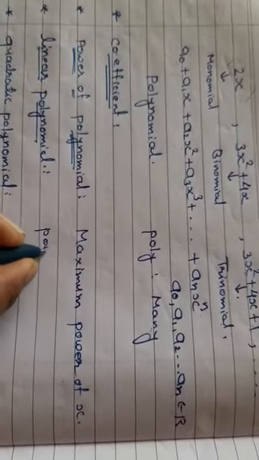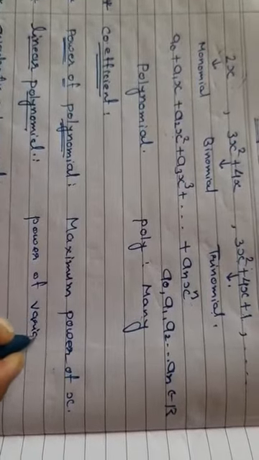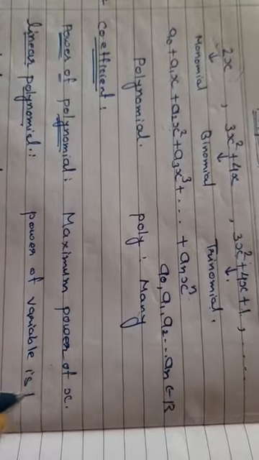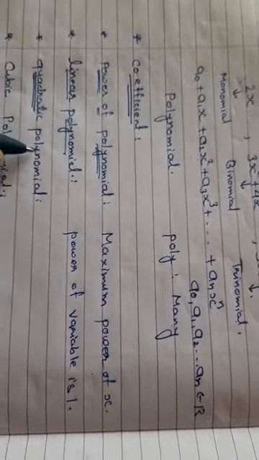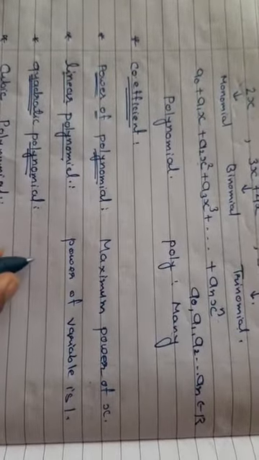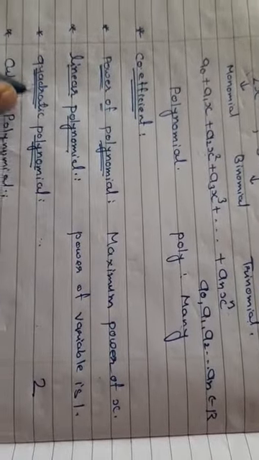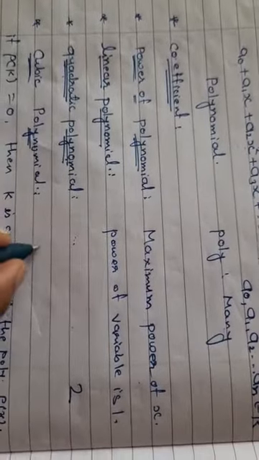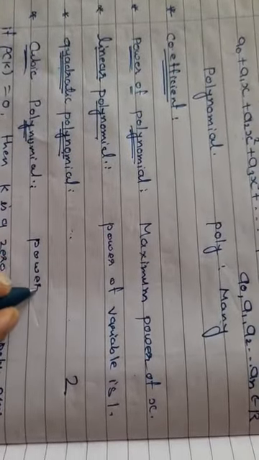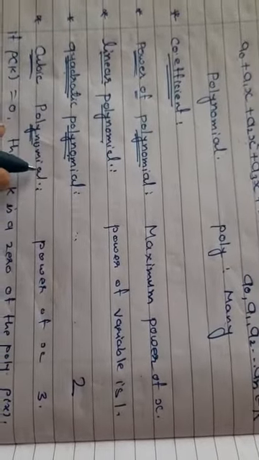If the power of the variable is 1, then that polynomial is called a linear polynomial. Similarly, if the power of the variable is 2, then it is called a quadratic polynomial. Similarly, if the power of x is 3, then it is called a cubic polynomial.